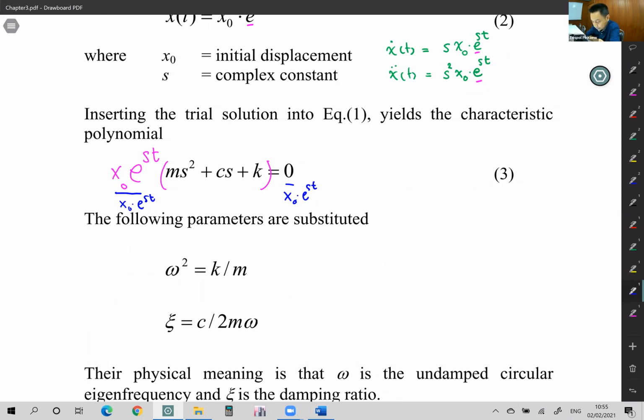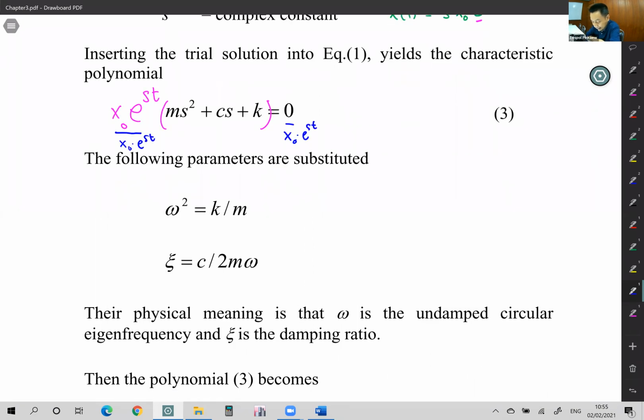It's just a quadratic equation. You can get the solution of S easily, but before we write down the solution of S, let me define two more terms for you. One is called omega squared equal to k over m. Another is precisely this one.